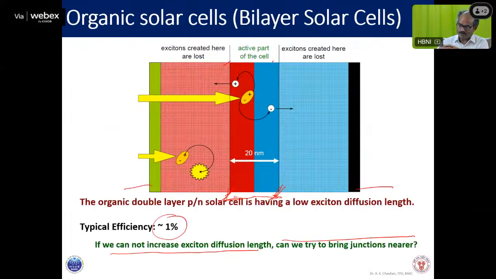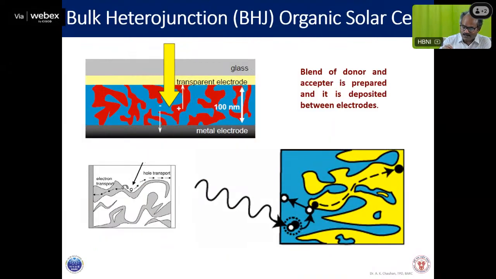So how this blending is done is like that. You mix both donor and acceptor with each other and mix them for many days, so that both these materials get a very good mixing.